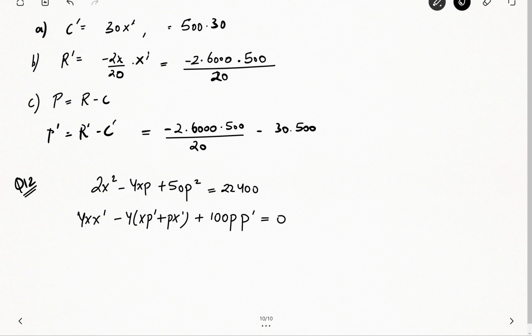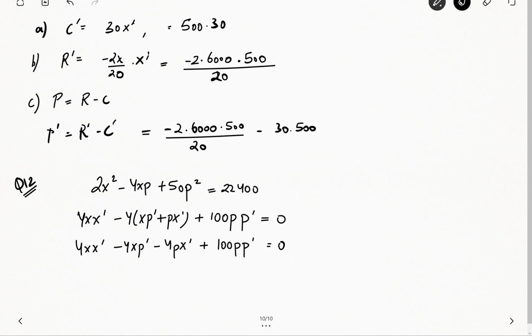So what we're looking for is the rate of change in demand. So we have to isolate for x prime. When you expand it out, we get 4x x prime minus 4x p prime minus 4p x prime plus 100p p prime equals 0.